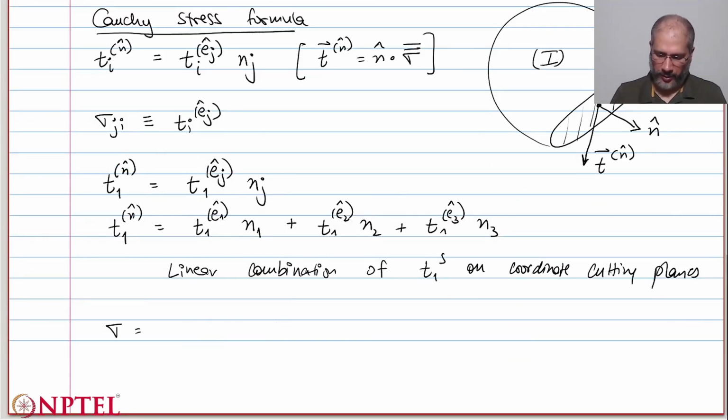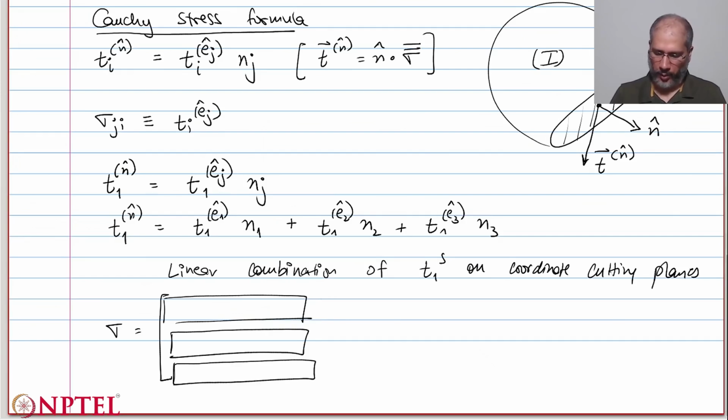And the stress tensor sigma, or the Cauchy stress tensor that we have defined, is nothing but the three traction vectors on the three coordinate cutting planes. That is, sigma 11 is T1 on the E1 plane, sigma 12 is T2 on the E1 plane, sigma 13 is T3 on the E1 plane, and so on. So this is a very powerful quantity because this allows us to calculate the traction vector on any arbitrary cutting plane with a normal in the n hat direction.